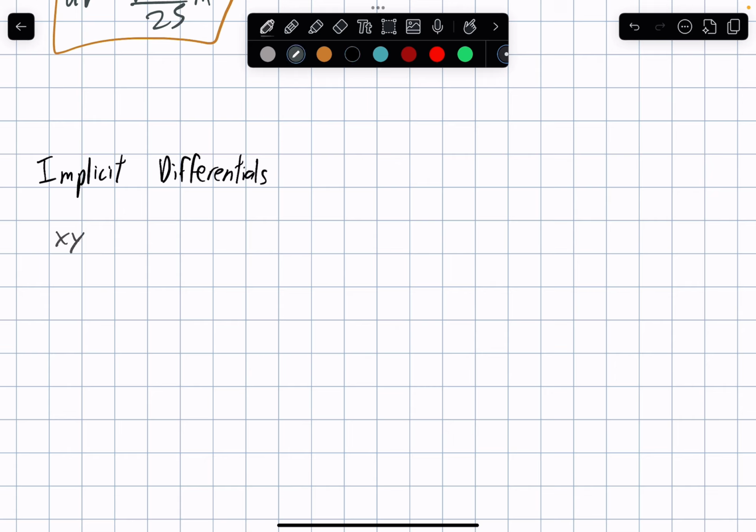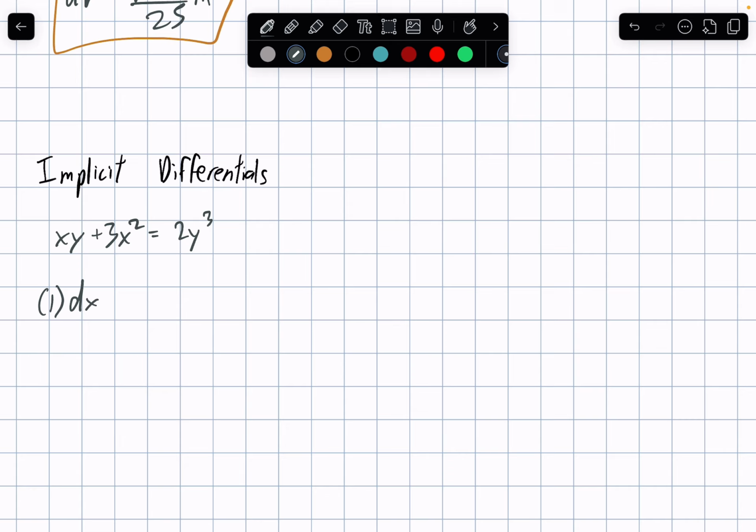So let's say xy plus 3x squared equal to 2y cubed. So this is differentials. So we are solving both with respect to x and y. So for example, here, product rule, derivative of x is 1. Don't forget your dx.